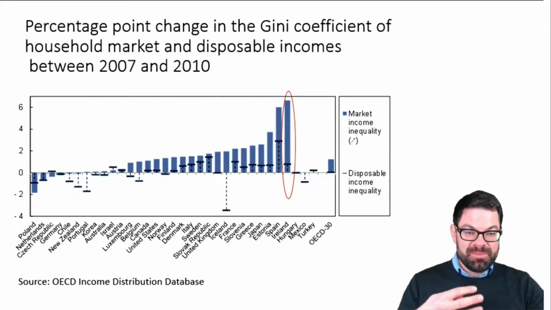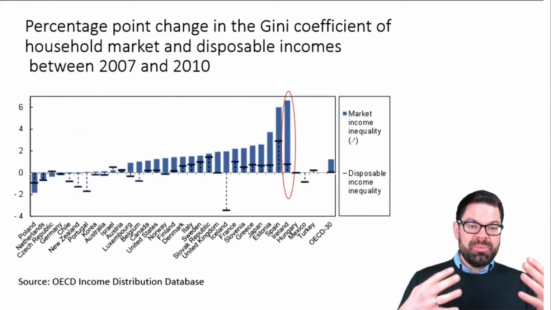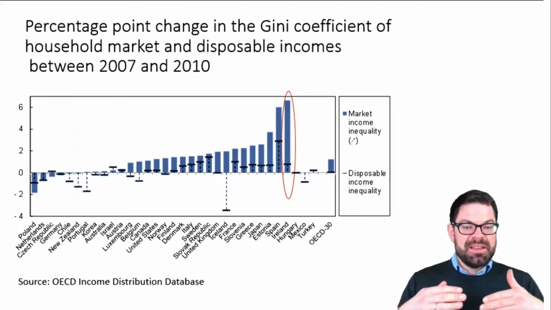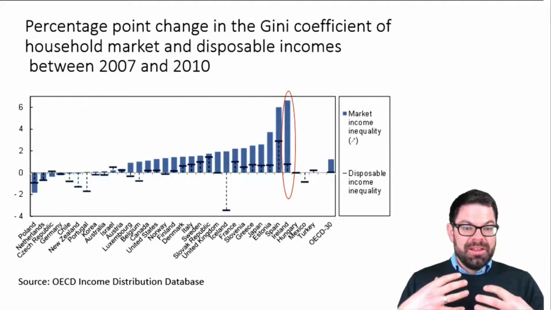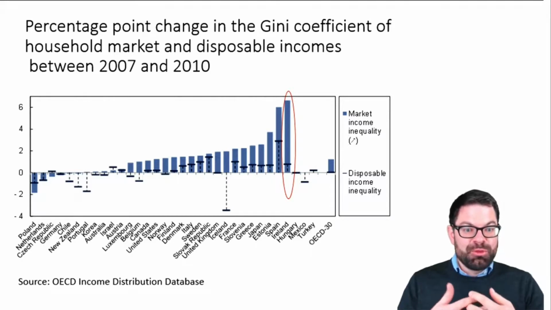Does that mean that the crisis was harmless for people in Ireland? By no means. But from a distributional perspective, it actually shows that the welfare state worked very well and cushioned people and people's livelihoods and families from that massive shock.